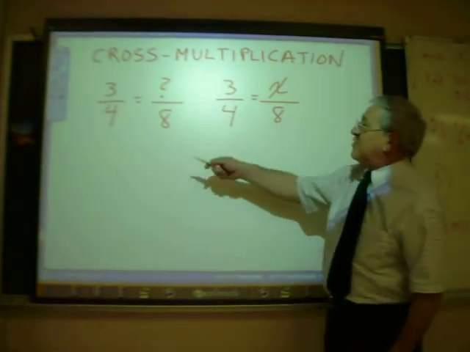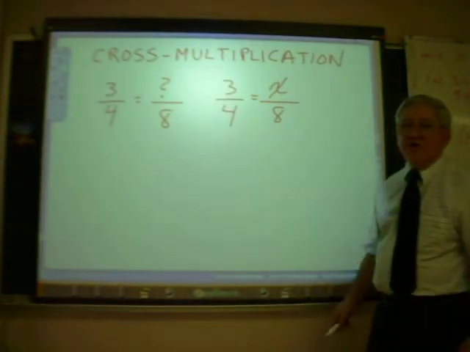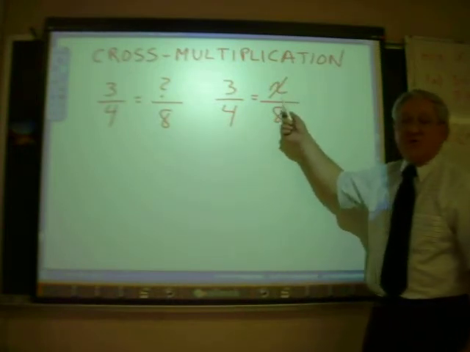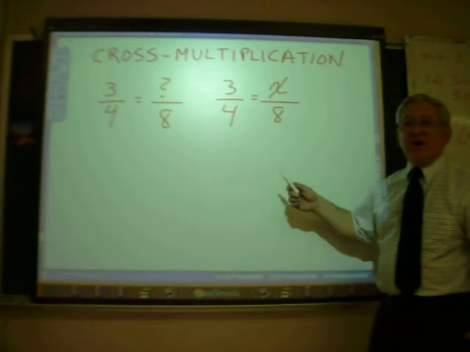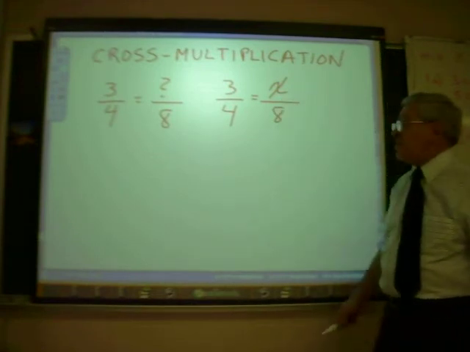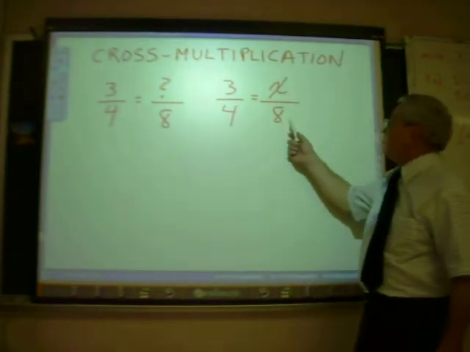If we have 3 over 4 is what over 8, instead of a question mark, we usually put in a variable, a letter. So we'll pick X. You can pick any letter you want. You can pick A, B, C, D, E. We'll pick X, the unknown. So 3 over 4 equals X over 8.